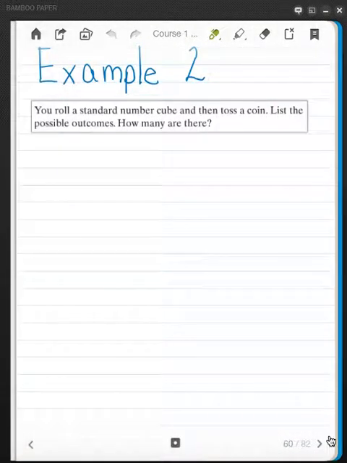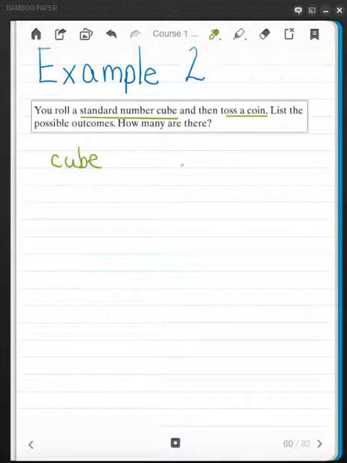So in example 2, we're going to use what we call a tree diagram. So I'm going to roll a standard number cube, and then I'm going to toss a coin. List all of the possible outcomes. So I'm having 2 things happen. First, I'm going to roll a cube, and then I'm going to toss a coin.